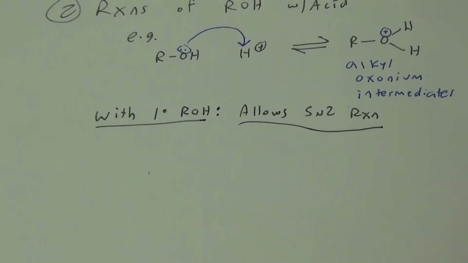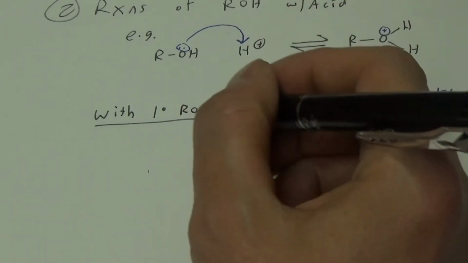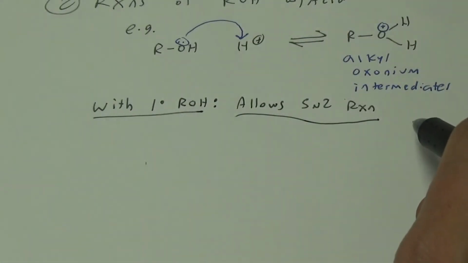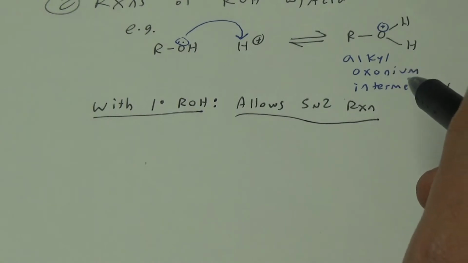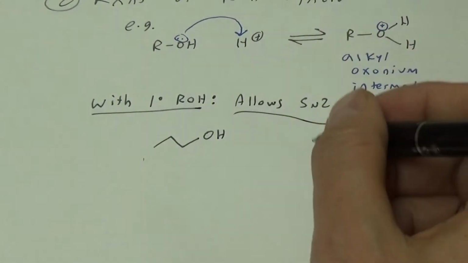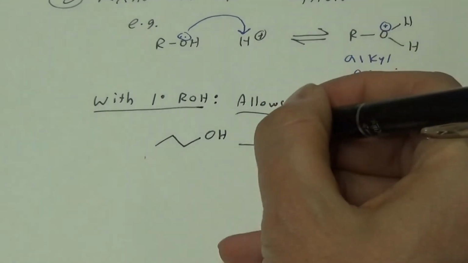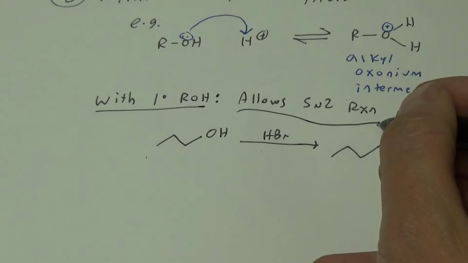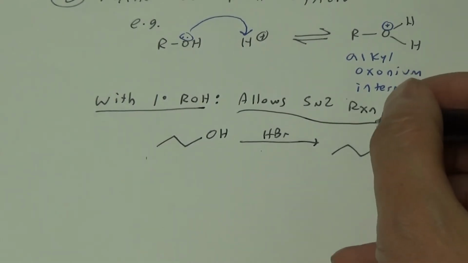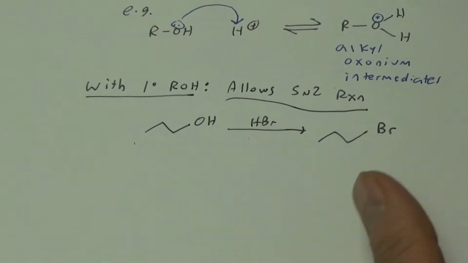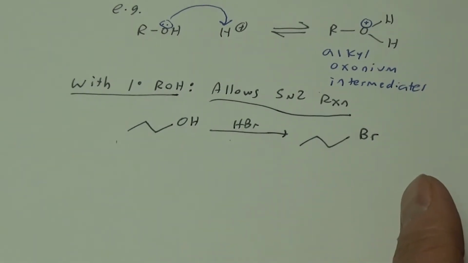So let me show it. This is for a primary alcohol. It's going to vary with different alcohols, different alcohol types. If I have a primary alcohol and I react with HBr, it actually forms the alkyl bromide.